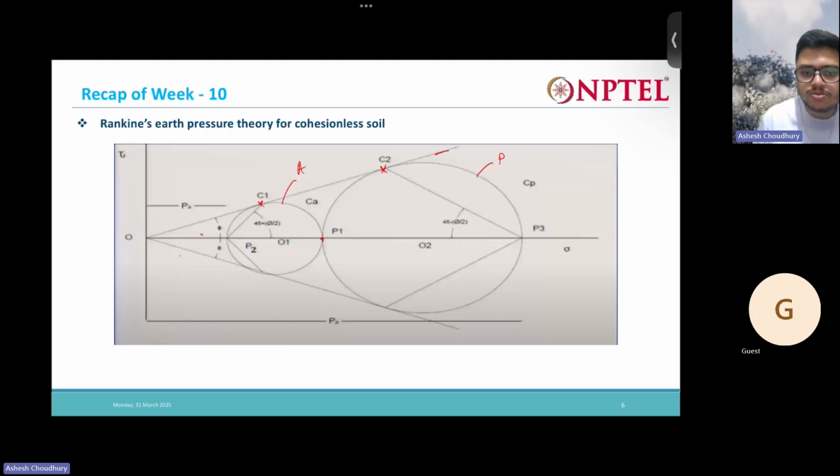In both cases we reached a failure point, but the inclination of the failure plane is different with respect to the major principal plane. For this one it's 45 plus phi by 2, and for this one it's 45 minus phi by 2, the inclination with the horizontal.